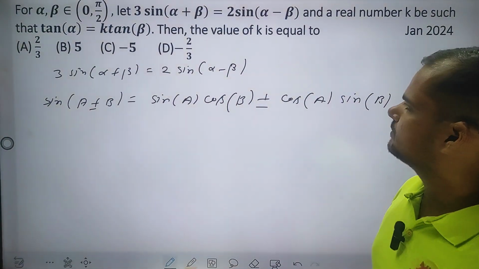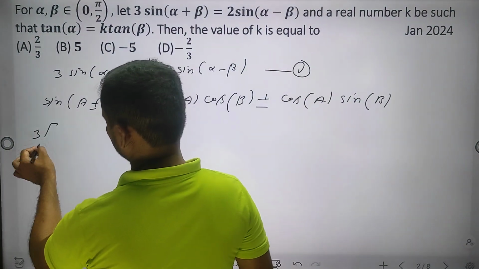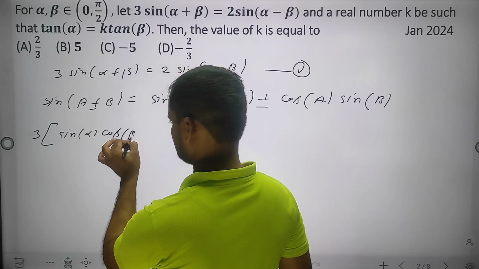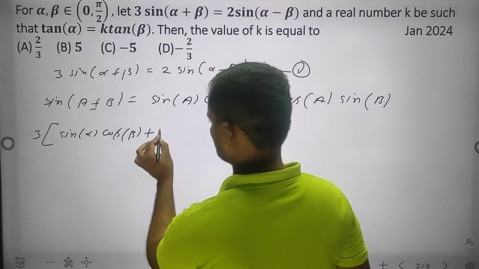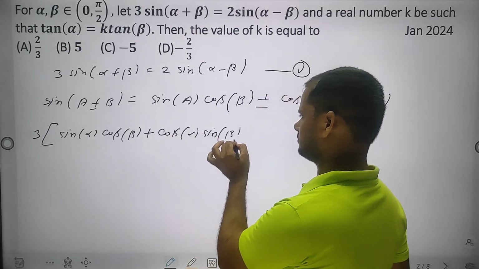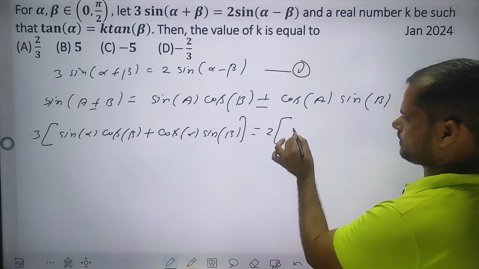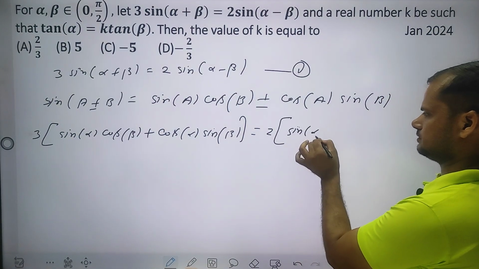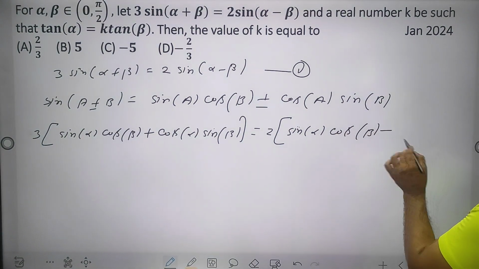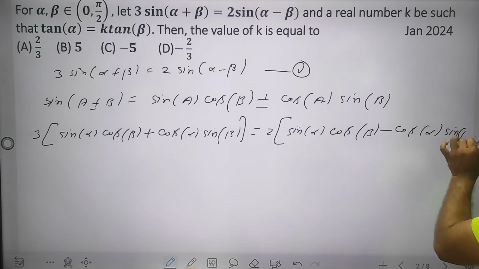Now using this formula in the above equation, we get 3 into (sin alpha cos beta plus cos alpha sin beta) equals 2 into (sin alpha cos beta minus cos alpha sin beta).